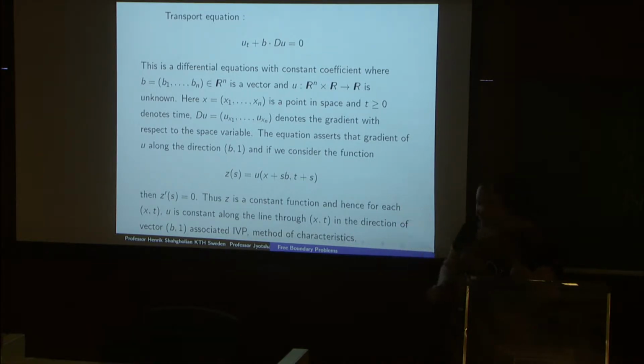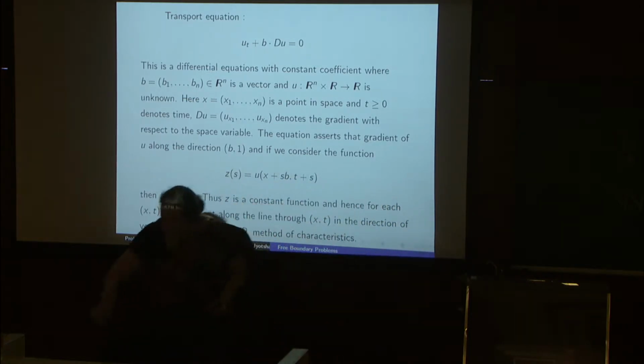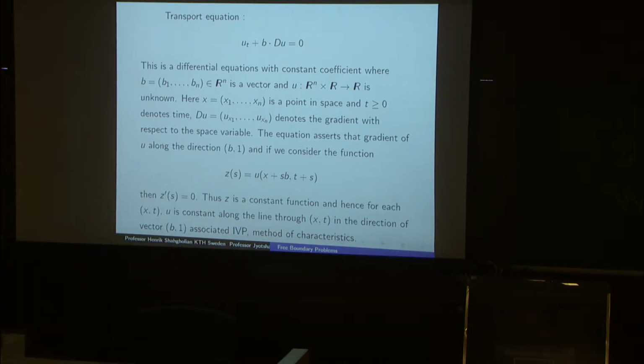If you look at the original equation, it is much simpler. If you write it as a differential equation, it looks like that. But I can simplify it. I can write it as the gradient of u dot (b, 1) equal to 0, where the first derivative is the derivative with respect to the t variable.